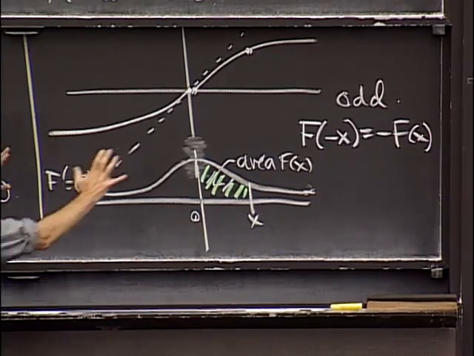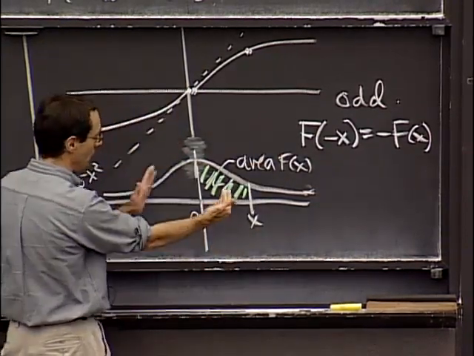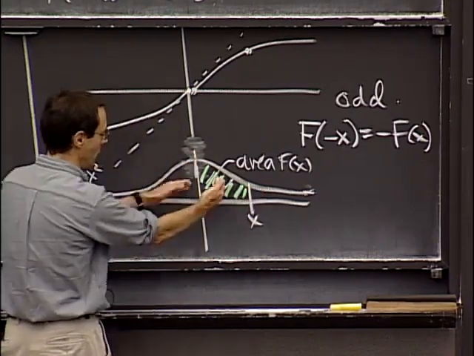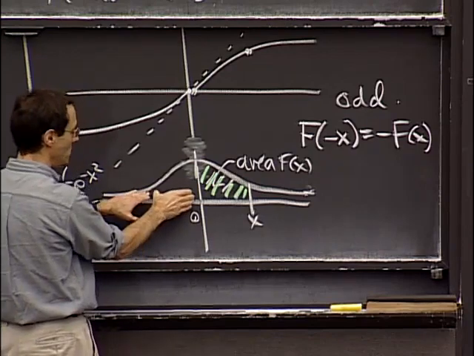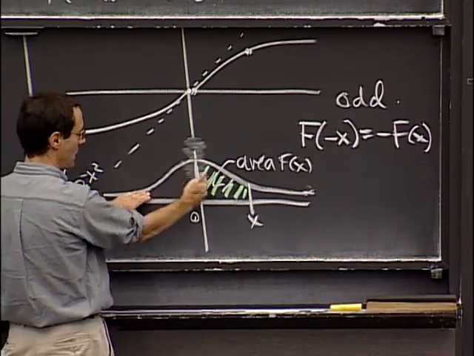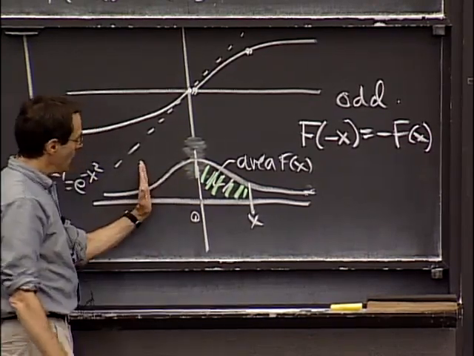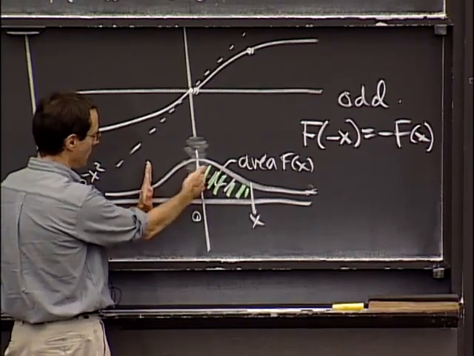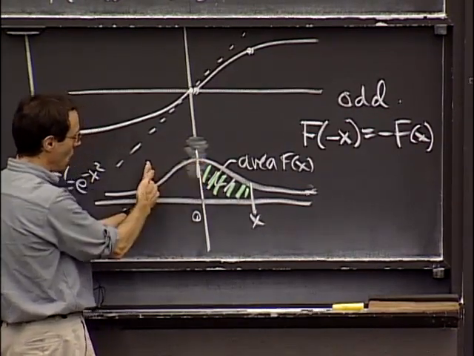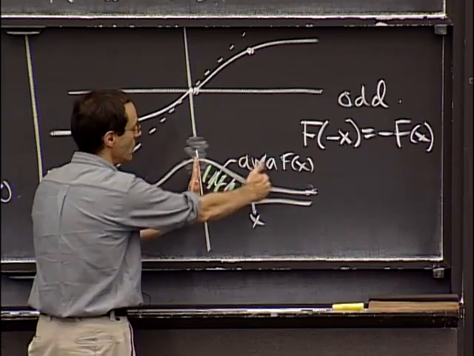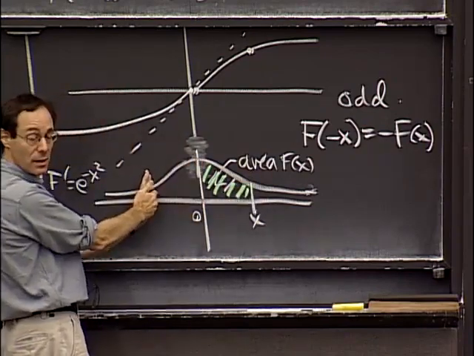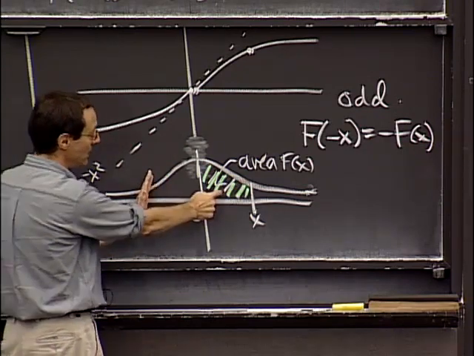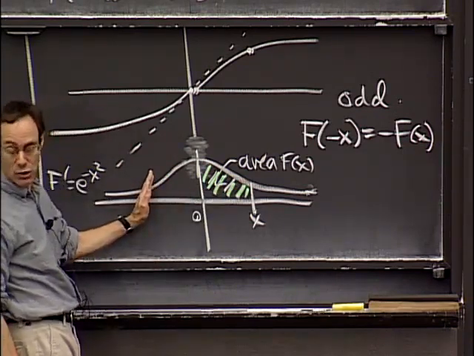Now I want to show you this odd property by using this symmetry. The graph here is even, so in other words, what's back here is exactly the same as what's forward. But now there's a reversal because we're keeping track of the area starting from 0 going forward. That's positive. If we go backwards, it's counted negatively. So if we went backwards to minus x, we'd get exactly the same as that green patch over there.